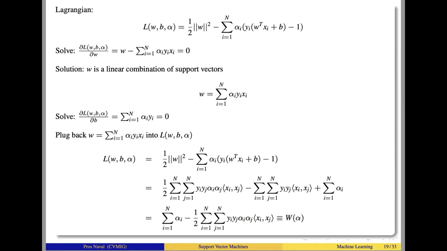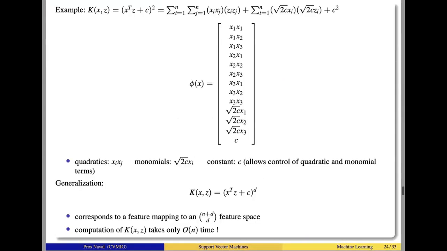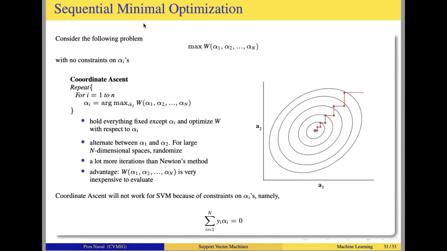Okay, and that's what we want to optimize. So we want to maximize W of alpha 1 up to alpha n. We assume first that we don't have constraints on the alphas.